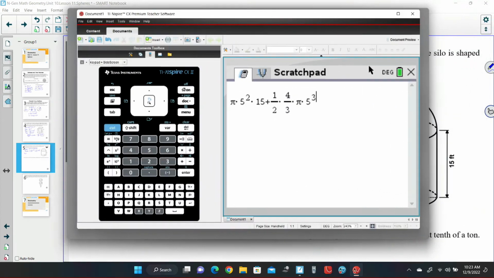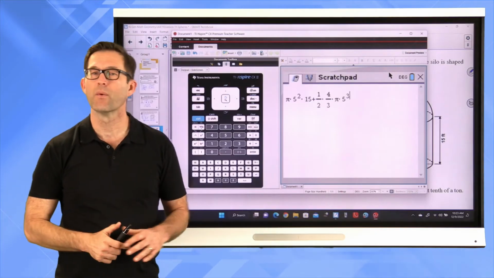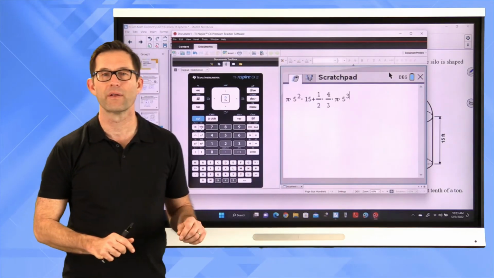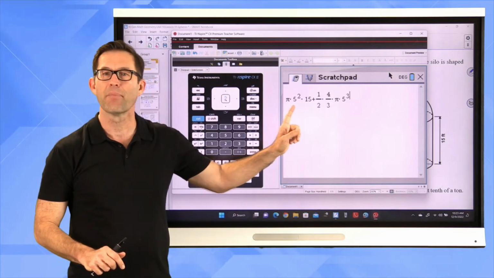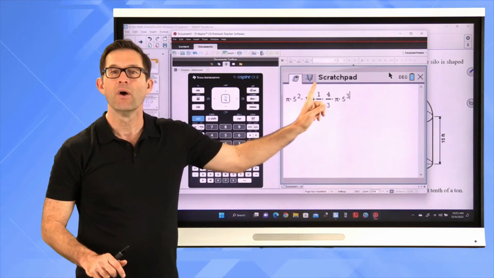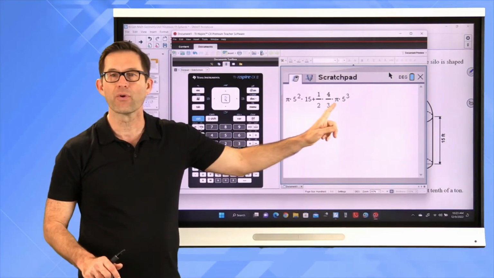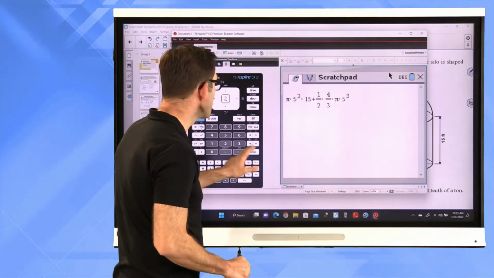All right, and again, think about how nice this is, right? When we've got these beautiful graphing calculators that have the ability to deal with fractions and all sorts of stuff, here I've got pi r squared times h, that's my cylinder, plus 1/2 times 4/3 pi r cubed, right? We've got it all there. We just hit enter.